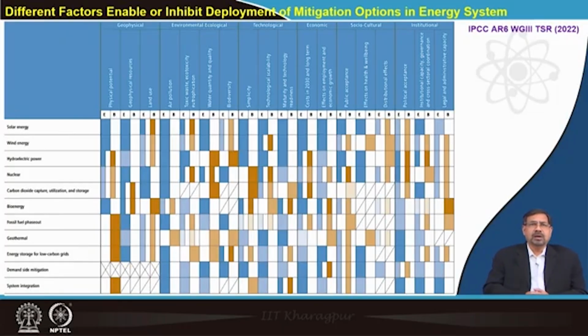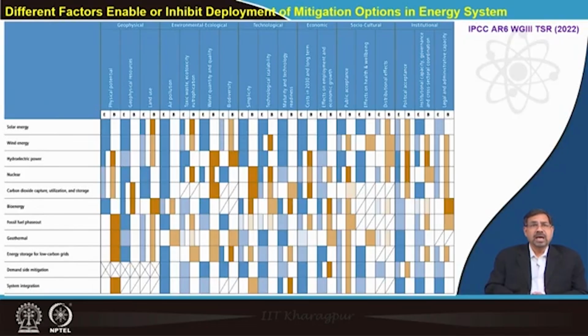So, let us talk about the first one, that is the geophysical, and in terms of the first energy source, that is the solar energy. Look at this in terms of the physical potential: as far as the solar energy is concerned, it is an enabler. The physical potential enables it, whereas the next one is the geophysical resources.